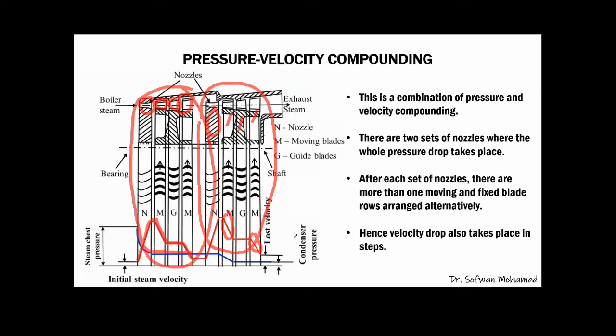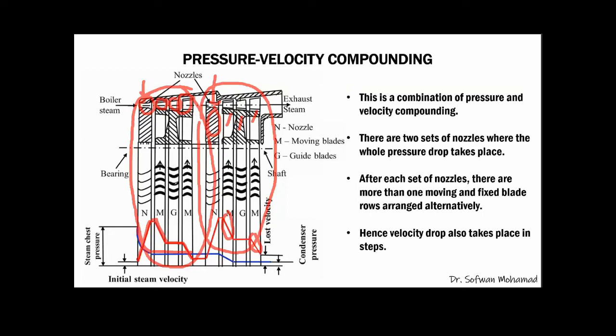There are two sets of nozzles where the whole pressure drop takes place. Nozzle in the first stage and nozzle in the second stage. After each set of nozzles, there are more than one moving and fixed blade rows arranged alternatively.